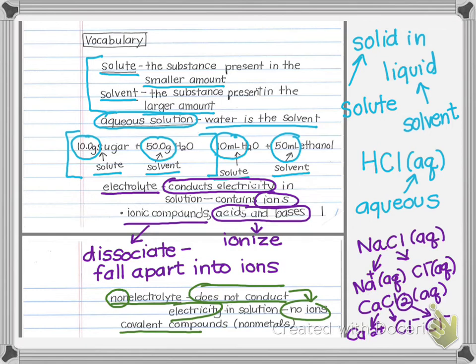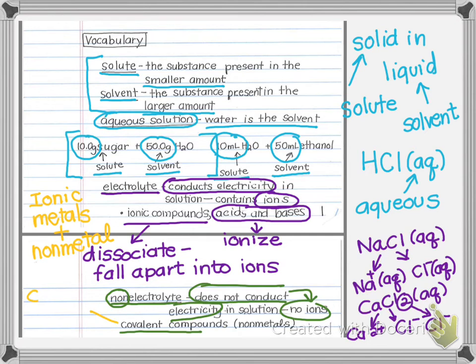Now that brings me back to reminding ourselves how I distinguish between ionic and covalent, which was talked about earlier in the course. Ionic compounds, we can look at their formulas, and they have metals and nonmetals. So that's how I can decide that they're ionic.